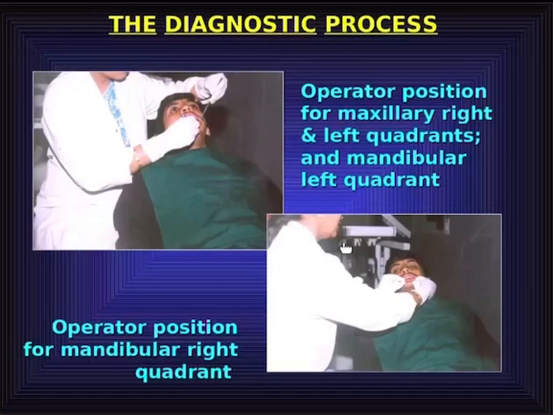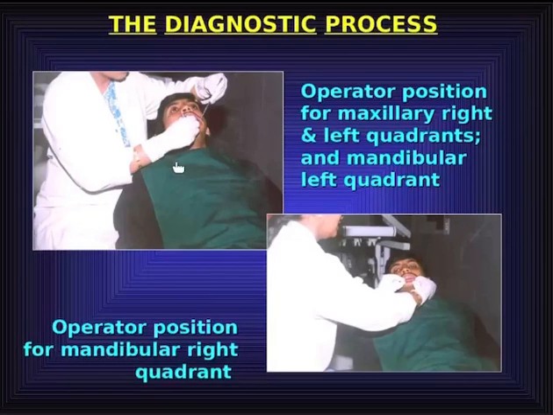Now coming to the intraoral examination, these are some positions which are considered to be the best. There are two pictures here. We have four quadrants, right? Maxilla and mandible. The first quadrant is the maxillary right side, then the second is the maxillary left. The mandibular left side is the third quadrant and the mandibular right side is the fourth quadrant.